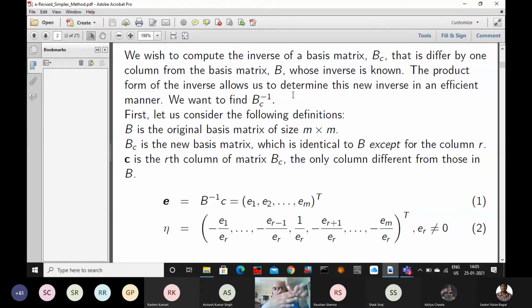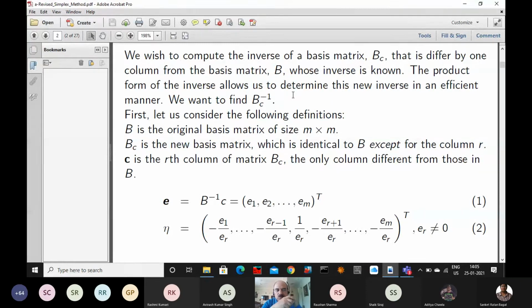Between B and BC, there is a difference of only one column. Generally, we know the inverse of the original basis matrix. That is nothing but an identity matrix, and the inverse of the identity matrix is the same. So that identity matrix is used to compute the next inverse. The product form of inverse allows us to determine this new inverse in an efficient manner.